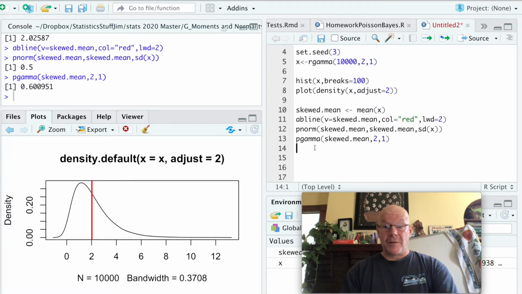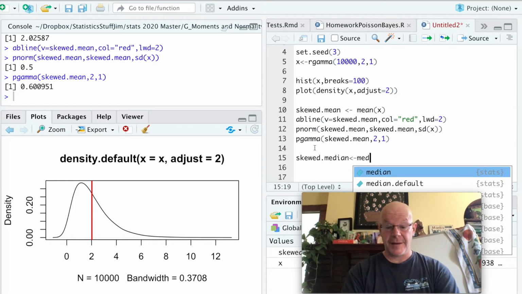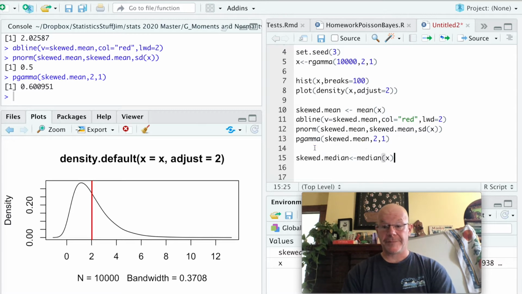For fun, remember that there are other kinds of location descriptors we could use. We could ask, what is the skewed median? Skewed dot median. Median, spell that correctly, Jim. So here's my skewed median, and I could take the median of x.